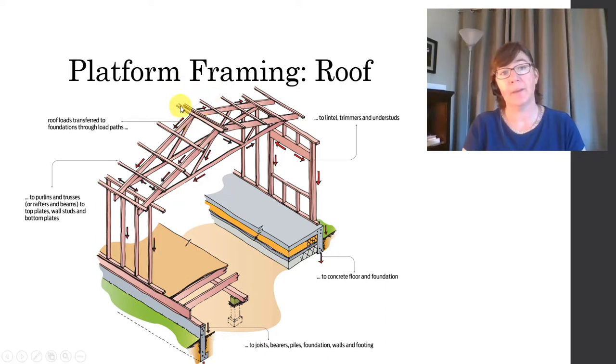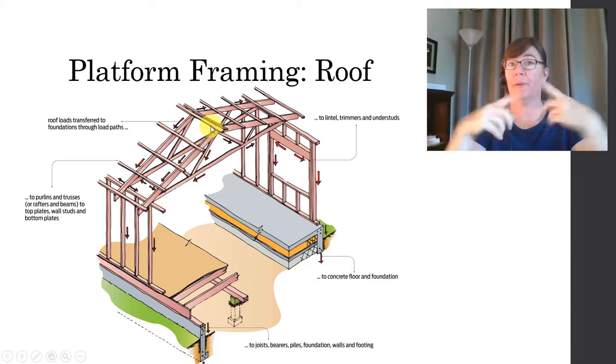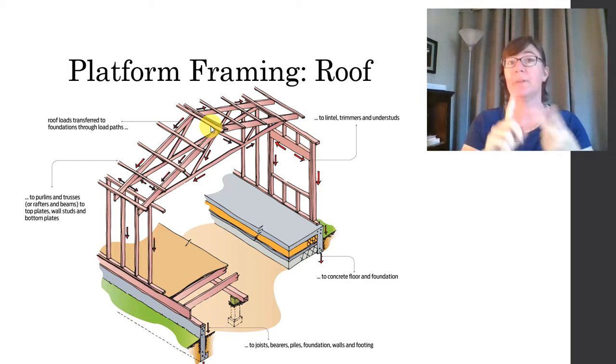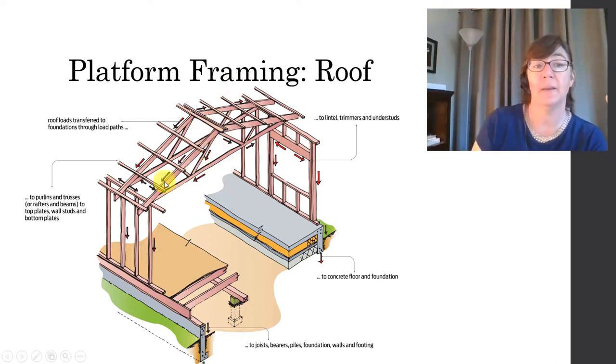So starting from the top right here, in this case, we're showing a roof truss. Take a look at this roof truss. This piece right here is a prefabricated piece. And any of the weight of the roof, so could be the roof members itself, could be a person standing up there, could be some snow up there, okay, is transmitted down to the walls.